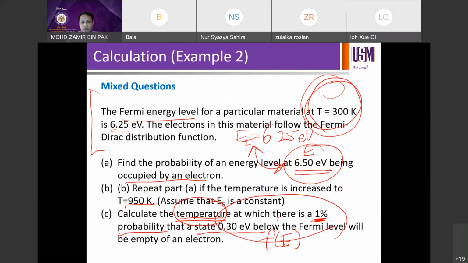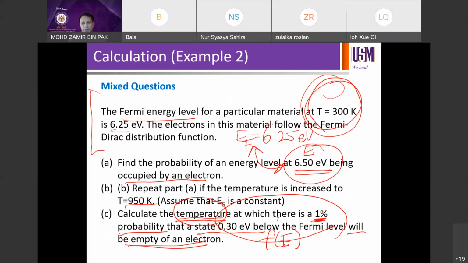So that state is 0.3 eV below EF, meaning EF minus that state is equal to 0.3.